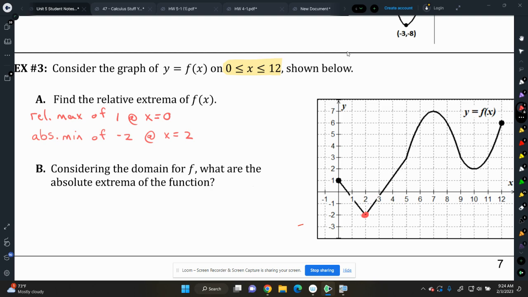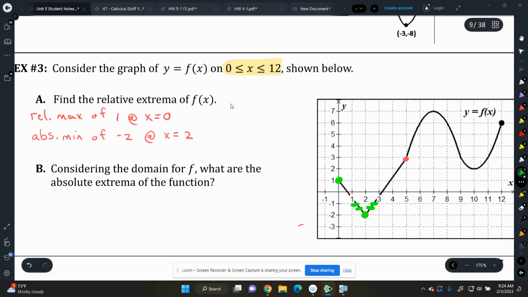How about at 5? This is not an extreme value. Now we skipped over the formal definition, but the formal definition basically says a relative minimum or an absolute minimum means that all of the surrounding values are higher than that minimum point.